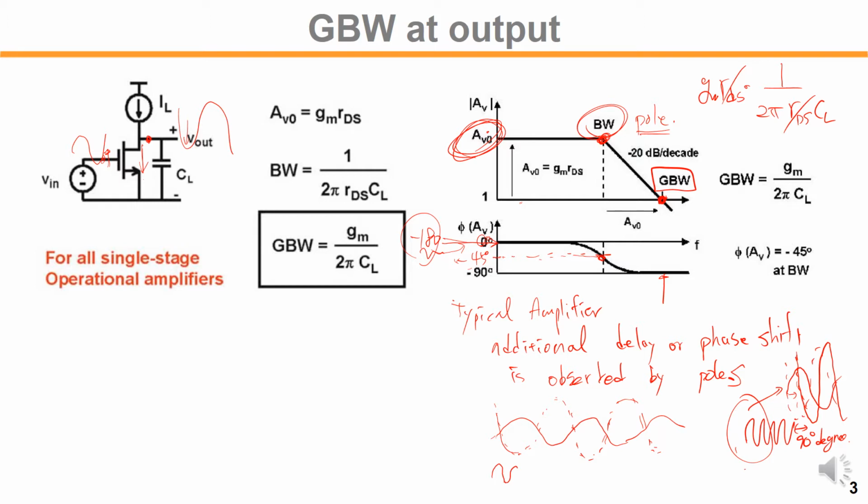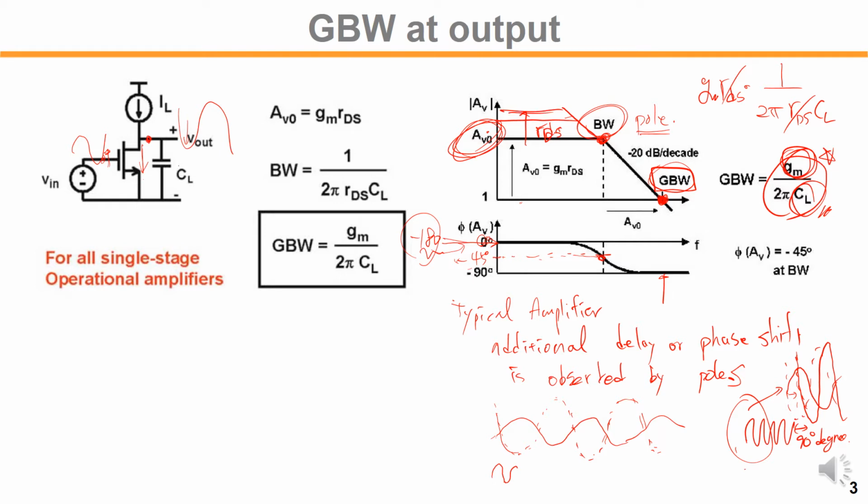So that gives us gm over 2 pi CL. Surprisingly, rds affects the DC gain, but it doesn't affect the GBW. It is only affected by gm, transconductance, and load capacitance, CL. So this is quite important.